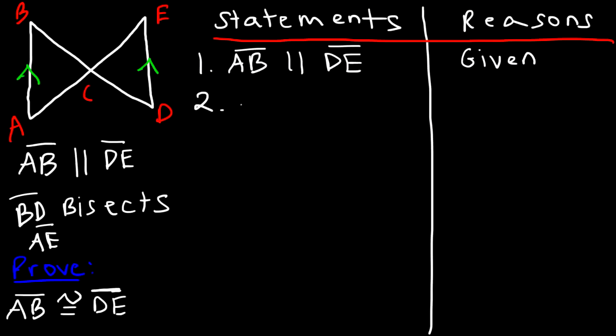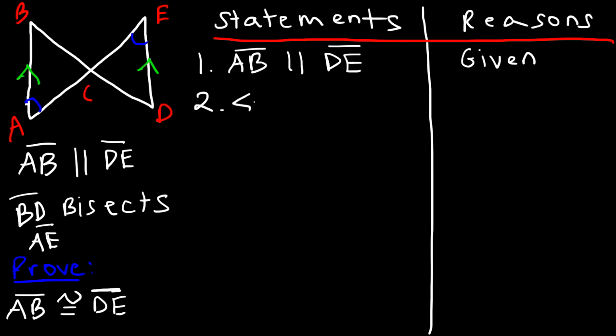Whenever you have parallel lines, look for alternate interior angles. So we could say that angle A is congruent to angle E. You could also say that angle B is congruent to angle D, but we'll take it one step at a time.